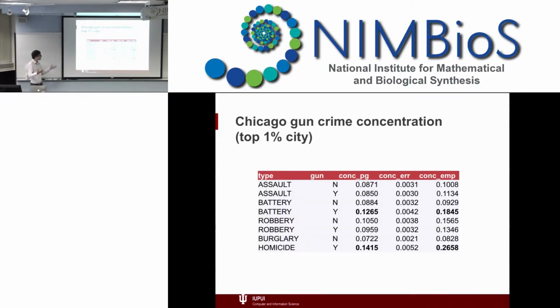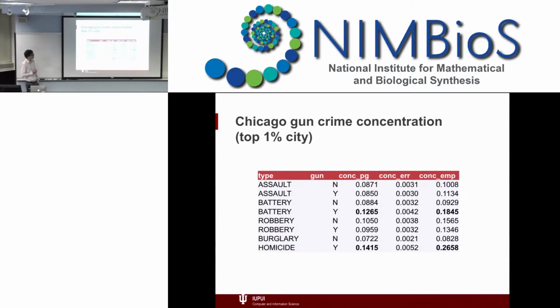So why do we care? Here's an example of why you might care. Here I'm applying it to gun crime concentration in Chicago. If we just use the standard estimators, then you might say that homicide with a gun is fundamentally different than battery with a gun. These are statistically different.